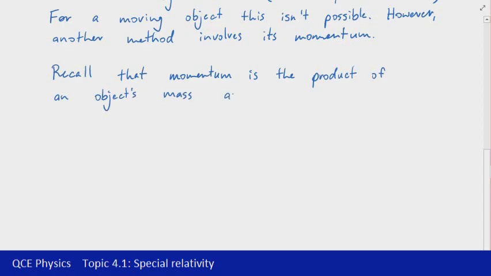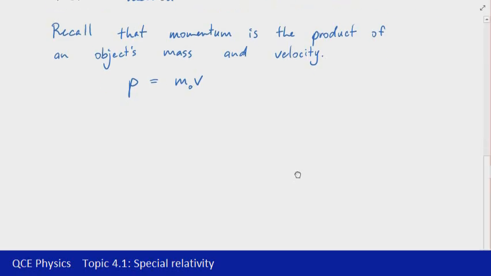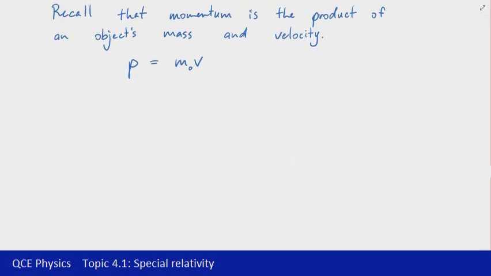Given that we're dealing with relativity, we're going to refer specifically to the rest mass. So the equation would usually be p is equal to mv. We're going to add the subscript naught there to indicate that momentum is the rest mass times velocity. And it's important to note here that that deals with Newtonian physics, not necessarily relativistic physics. So there's a little adjustment that we need to make in order to start to look at relativistic momentum.